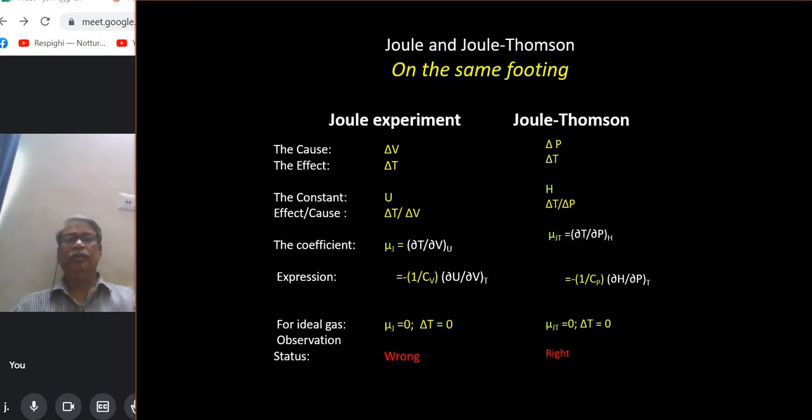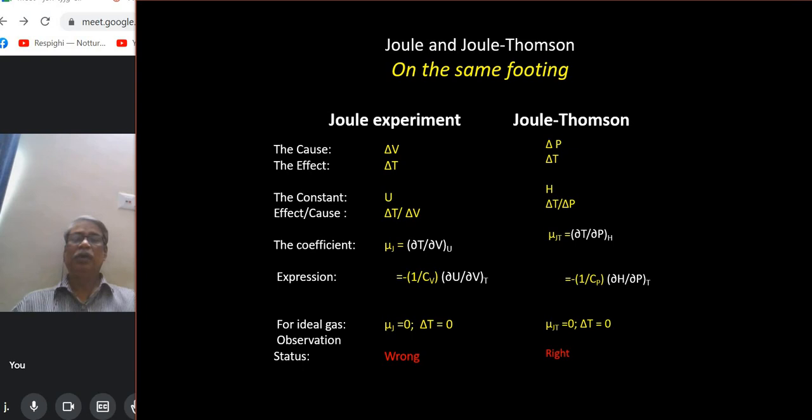Okay, so let me go to the next and last part, Joule and Joule-Thomson. As I mentioned, they are very close. It is part of your methodology of studying any science subject, particularly physical chemistry, that if you can put 2 or 3 different aspects under different headings, that means on the same footing, you can compare the different aspects.